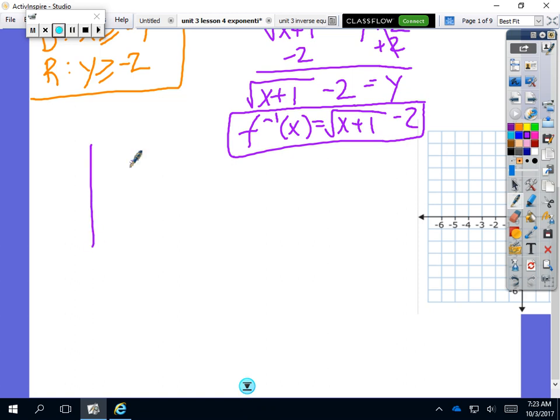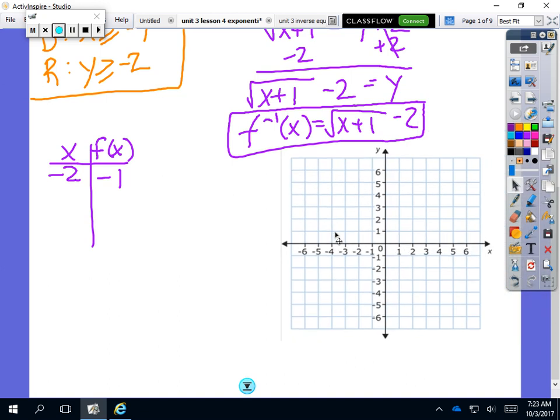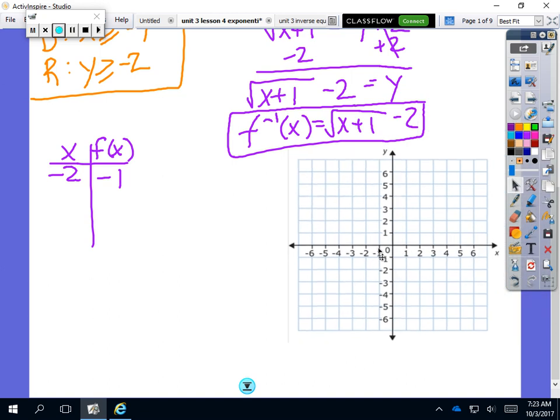So we know that the table for f of x starts at -2, -1, and then we use the x-axis. We start at -2, the next number going up on the x-axis would be -1, and then after -1, the next number on the x-axis is 0.